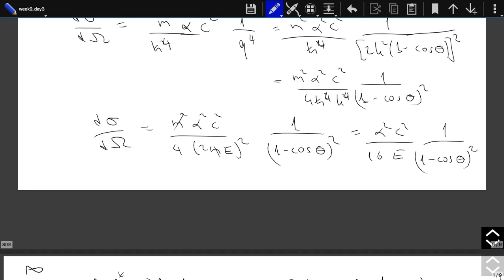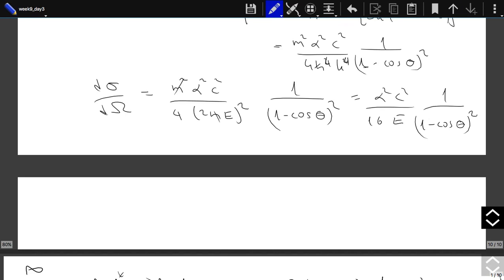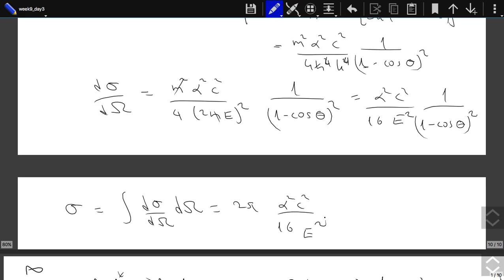Now, another thing is, if you want to try to calculate the sigma, or total cross-section, this is equal to 2 pi alpha squared c squared over 16E squared (2 pi from the phi integral).